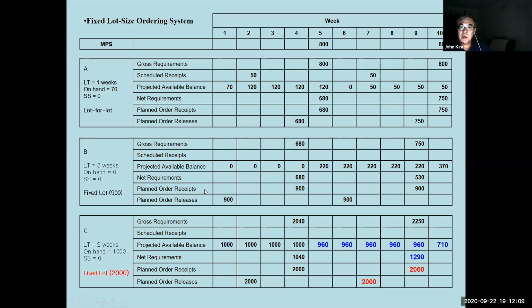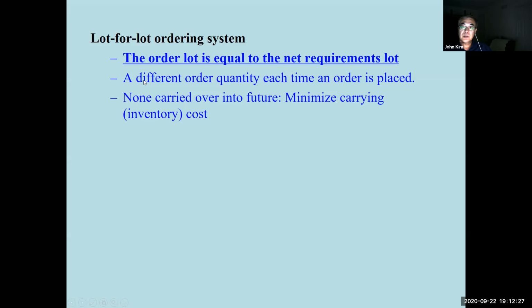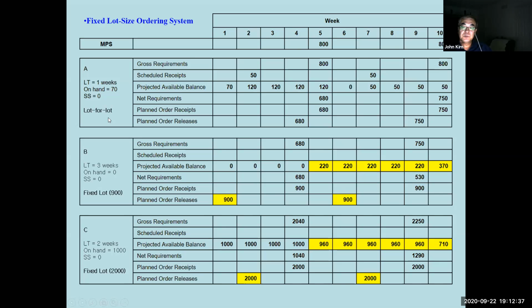So compared to the fixed ordering system, the lot for lot ordering system minimizes inventory, but every time there is a different order size, so different order quantity each time, but it minimizes inventory cost. And the fixed lot order system, the order quantity is the same, but there is inventory.